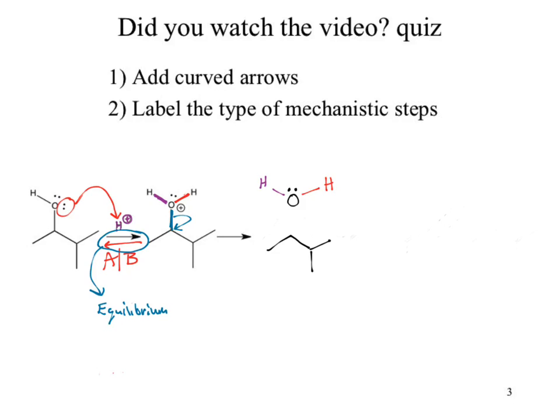Took them from the bond and I placed them. Where did I place them? I placed them on the carbon. Can I draw that? Yeah. Is it correct? Okay, no.